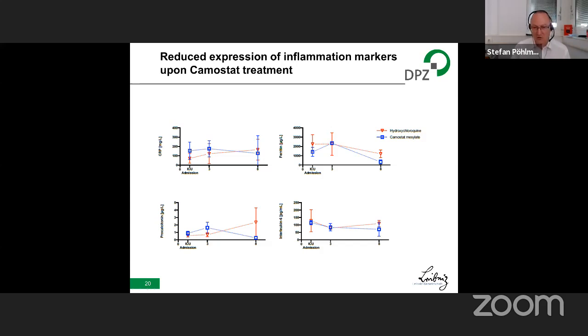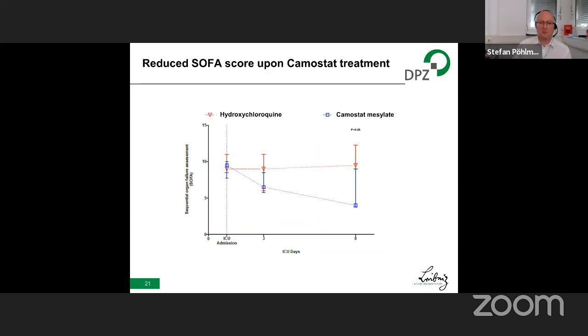within compassionate use at the University Hospital in Göttingen, and a small group of 5 patients was compared that received treatment with either hydroxychloroquine or camostat mesylate. You can appreciate that expression of inflammatory markers goes down when camostat mesylate is used for treatment, but not when hydroxychloroquine is used.